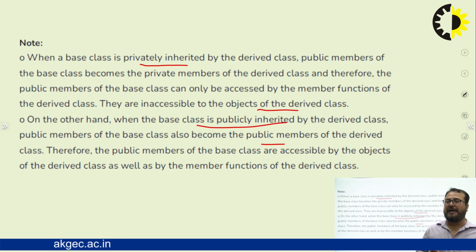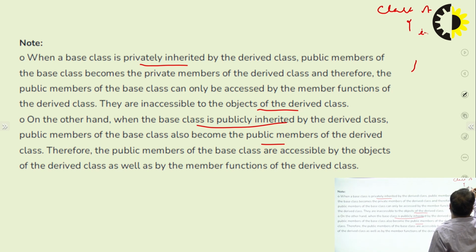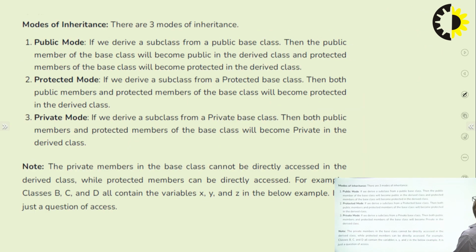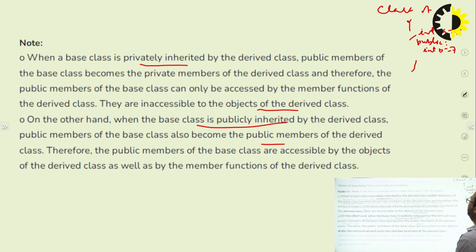Suppose a class A has, in private, int A equal to 5, and in public, int B equal to 7.